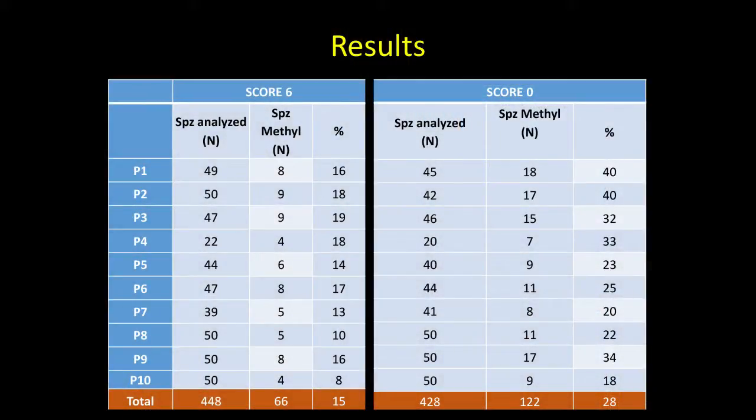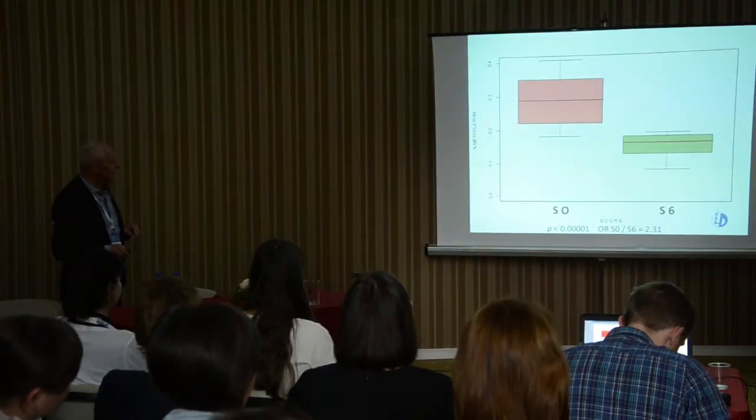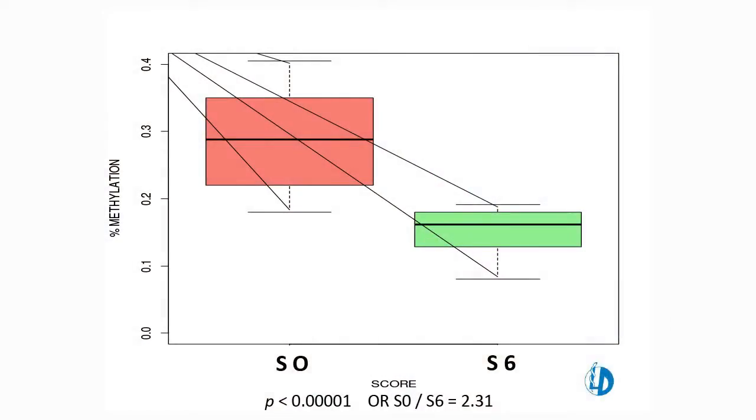You see that here we have 40, 32, and it makes an average of around 30. It's a very, very huge, important difference. In the results, there is a completely different distribution of the score 0 and the score 6.